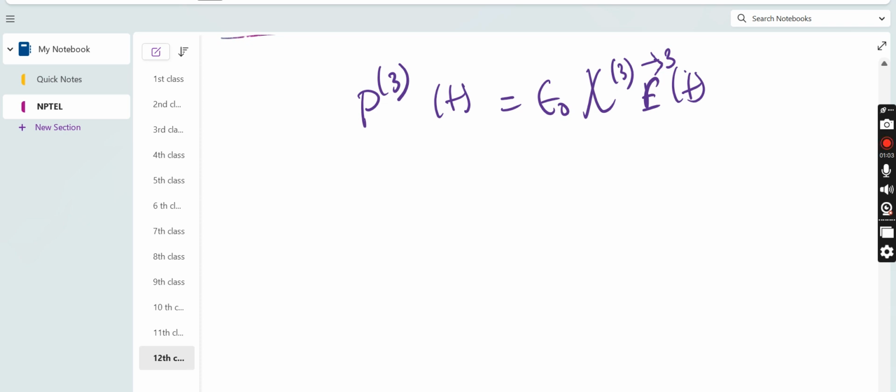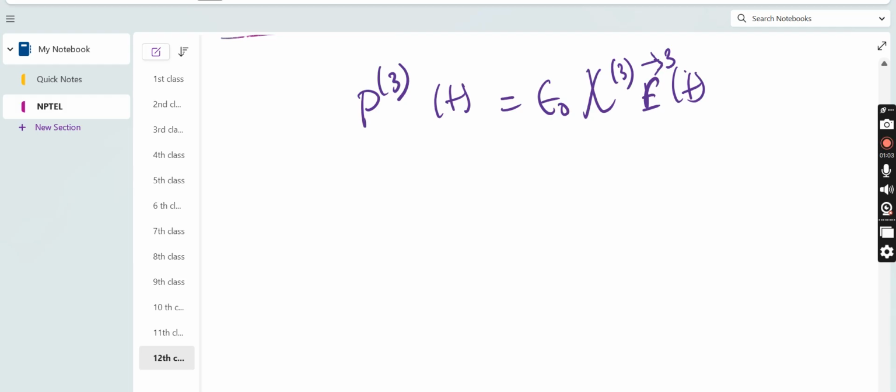So the thing is that we will choose the electric field like in a laboratory, E naught e to the power i omega 1 t plus.